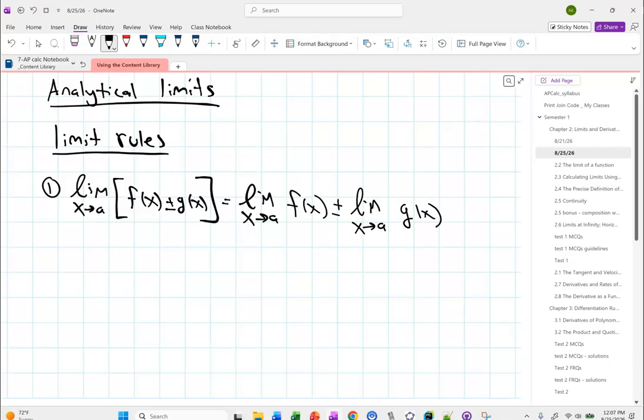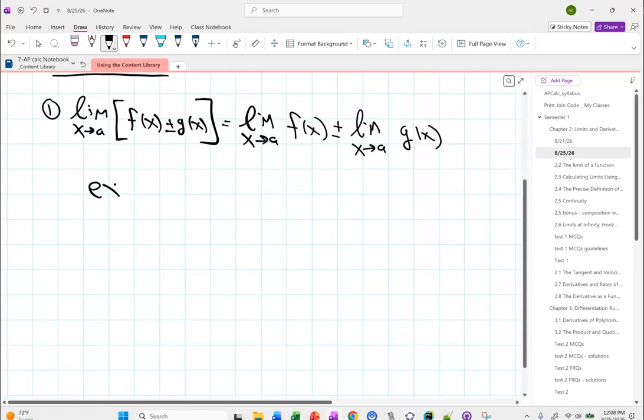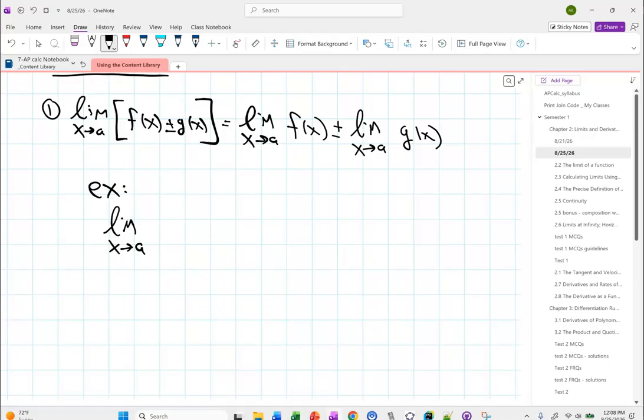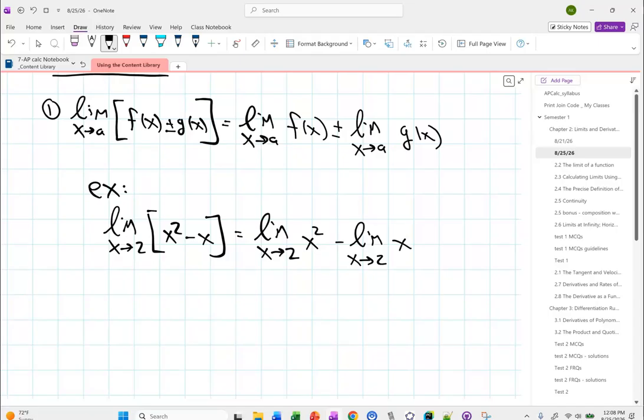If I have the limit of an expression that involves addition or subtraction, you can do something like this. That's all this is saying. I can just distribute the limit symbol across any addition or subtraction.